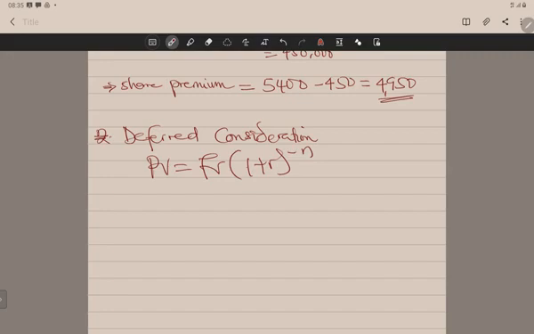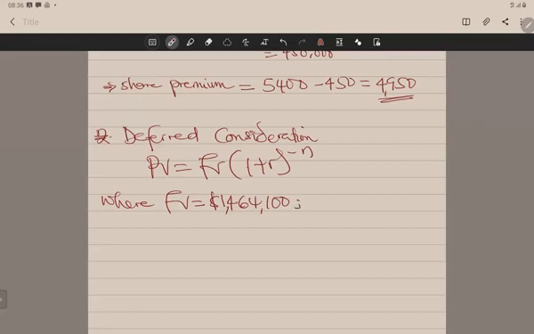Present value is future value, FV, in bracket 1 plus r raised to power minus n. Do we get? What is your future value? Future value is the price you are paying in 4 years, in 2007, which is 1,464,100 as corrected.